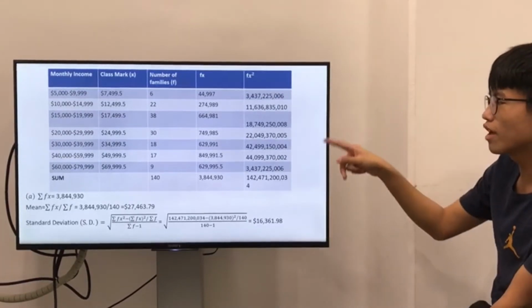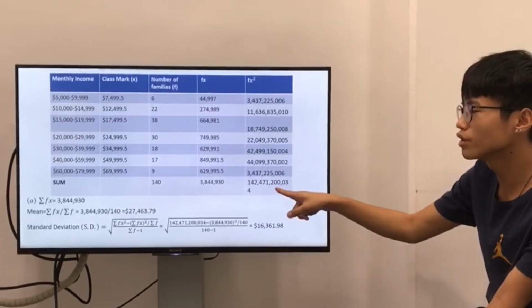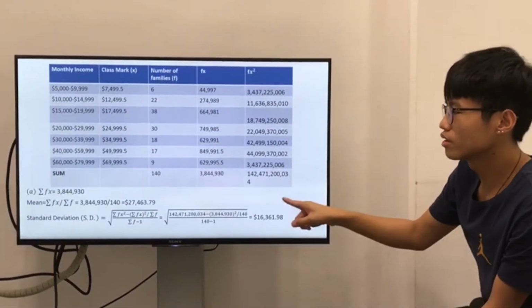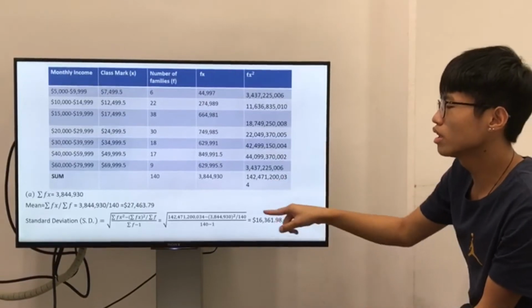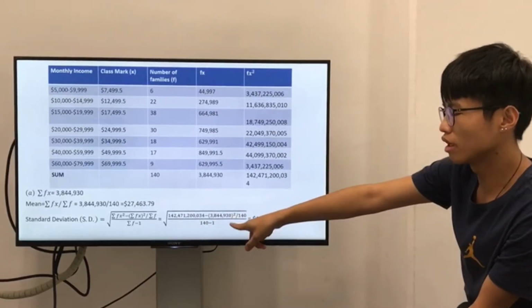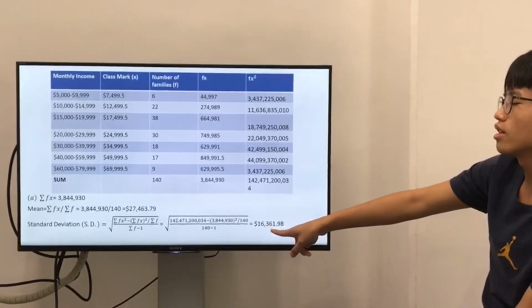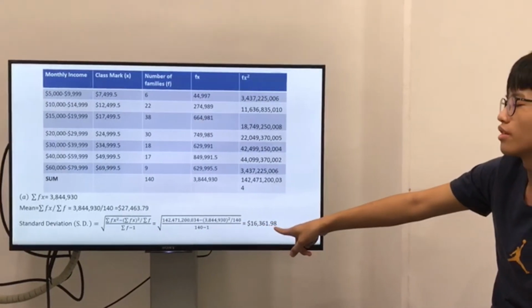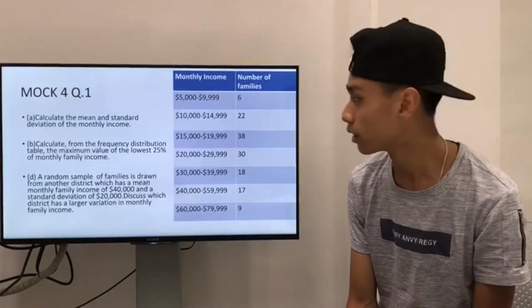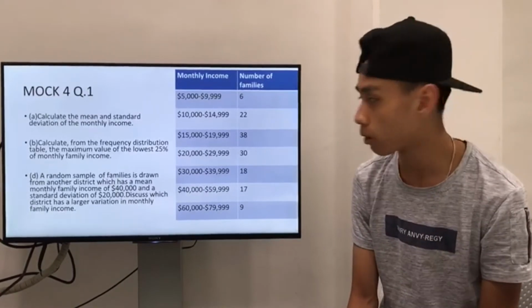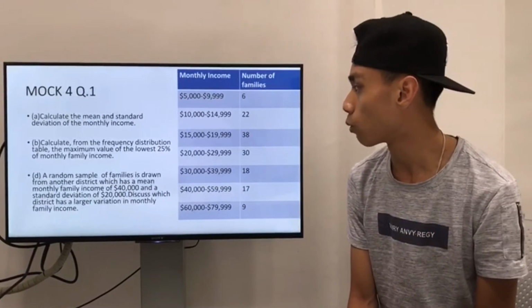And the sum of fx squared is 14,247,120,034. Then we substitute all the numbers required into the formula, and we find that the standard deviation is $16,361.98.